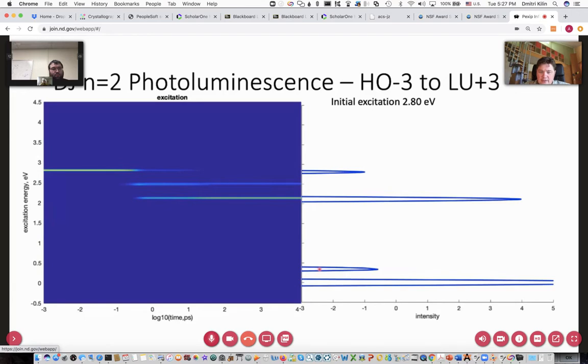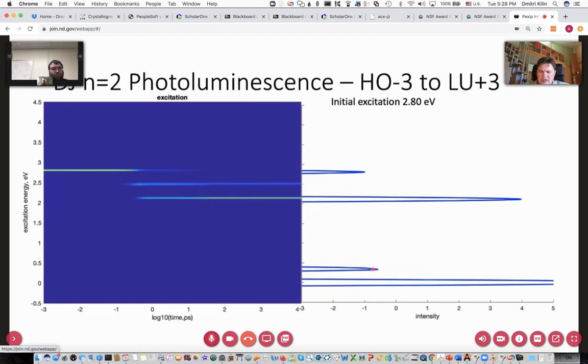Yes. So this peak, the transition energy of this peak seems to correspond to the energy offset between the visible range excitations at 2.4 and 2.1 electron volts.